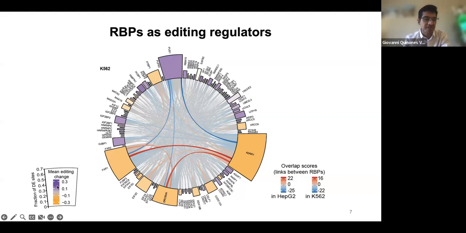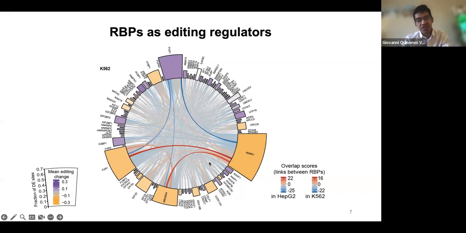The height of the bar indicates the fraction of differentially edited sites. That means out of all the testable RNA editing sites, how many of them are differentially edited compared to control.